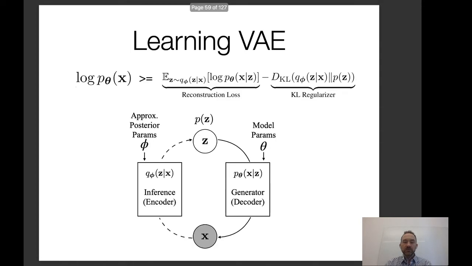So how do we learn the VAE? Basically, we can take our input X, we can sample Z, and then given the Z, we can calculate the output. And then we calculate this loss function here, where we sample the Z, and then we have the KL regularizer here. So basically both of these are not hard to do.